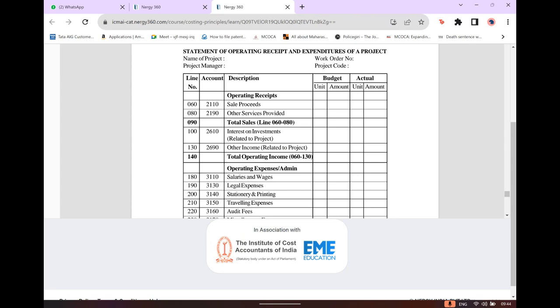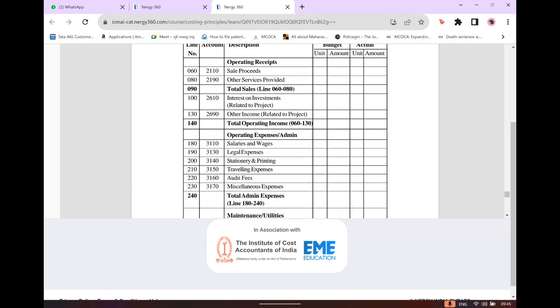So you get the total operating incomes. Then operating expenses: salary, wages directly attributable, legal expenses. Then you have to allocate stationery and printing, traveling expenses, audit fees, miscellaneous expenses. Whatever cannot be directly attributable will be allocated.